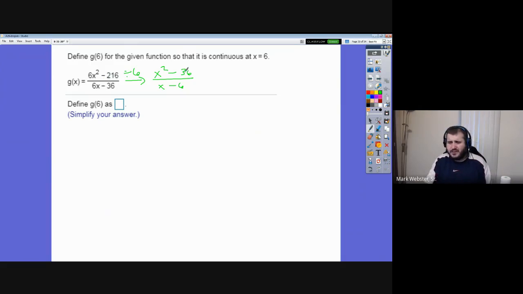See, now it's a lot easier to work with, right? Ain't nobody got time for all these big numbers. Simplify it down. Well, now look, x squared minus 36 simplifies into x plus 6 times x minus 6.